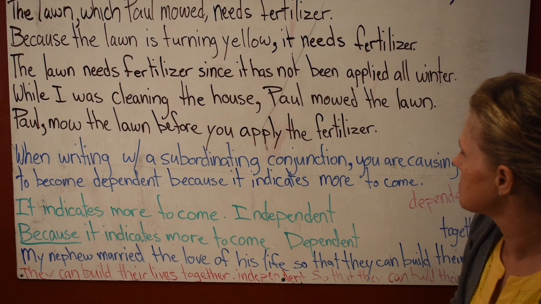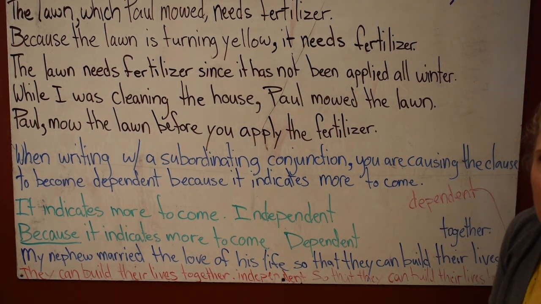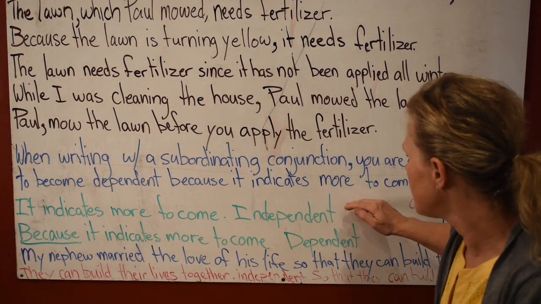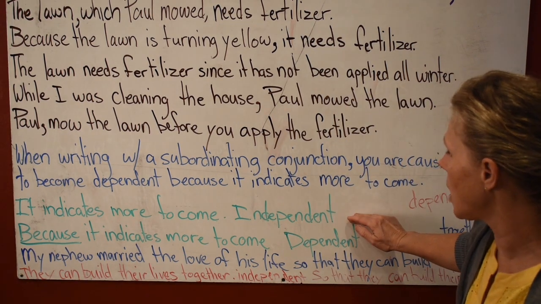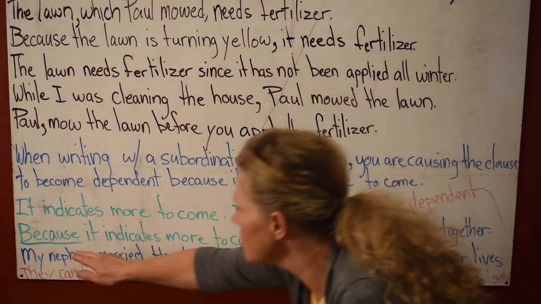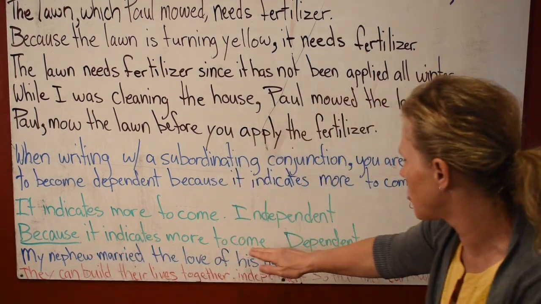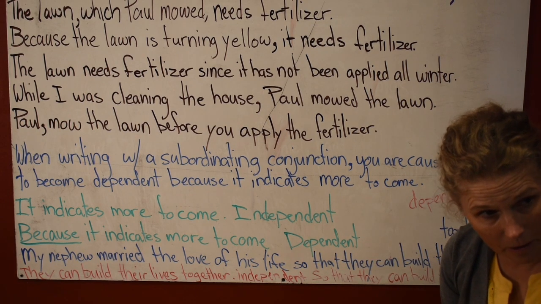It indicates, right here, subject and verb. If we just take, it indicates more to come, this is an independent clause. But once we put the word because in front of it, because it indicates more to come, it becomes dependent. Are you understanding that, Paul?